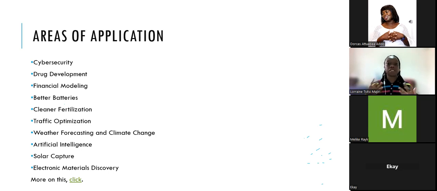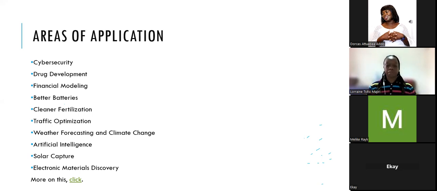Where I work as a quantum developer and researcher at Stafford Computing, most of our work is in finance. That means using quantum machine learning on the side of finance. So that is an area of application that is currently being used in the real world.